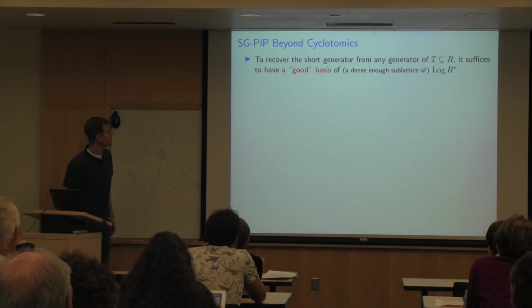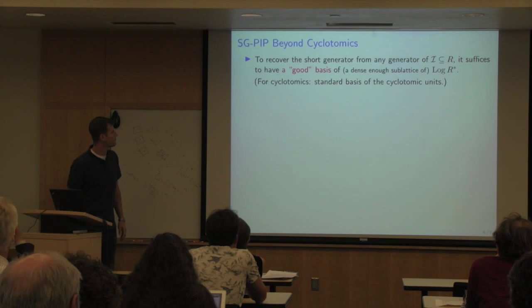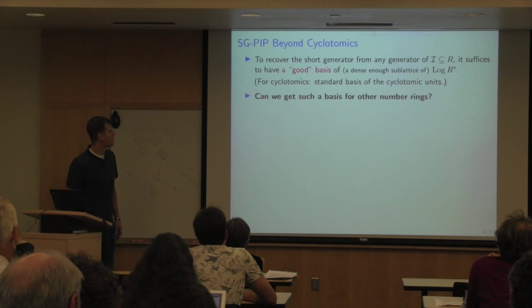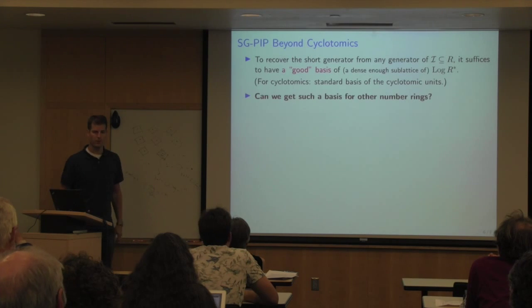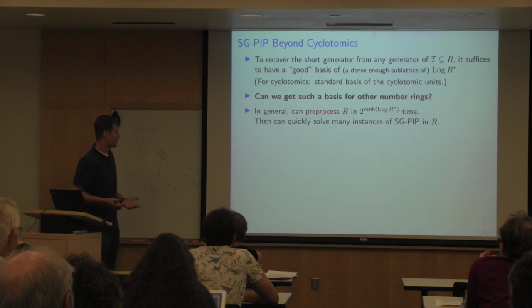Okay, so to do this, for cyclotomics we use the standard basis of the cyclotomic units. But you should ask the question: can we get such a basis for other number rings? And I think people have already asked this question. So here's a general answer.